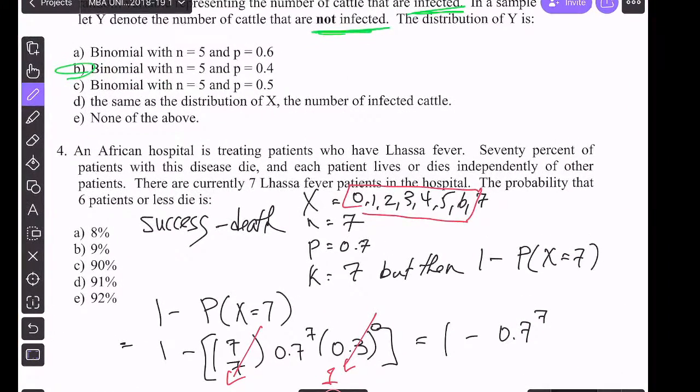So that's equal to 0.92, or, oh well, I want you to hold all the decimal places, so hold 4 decimal places, 0.9176. The best answer is this one.